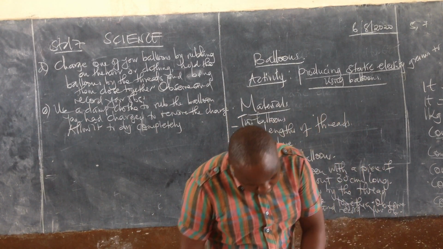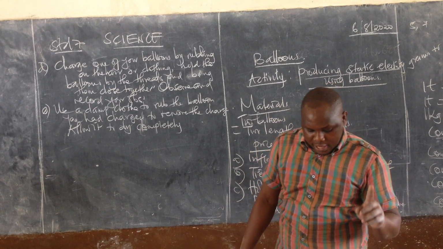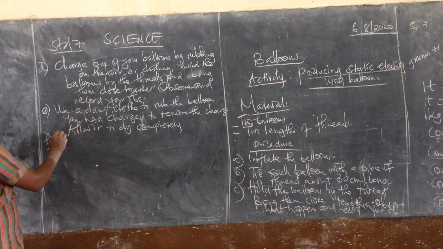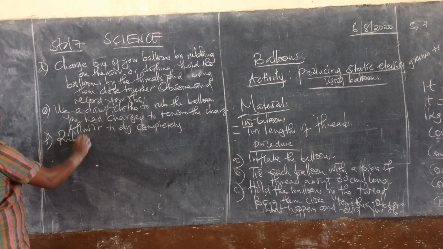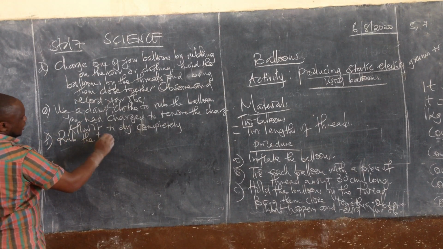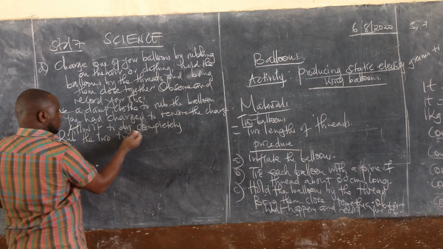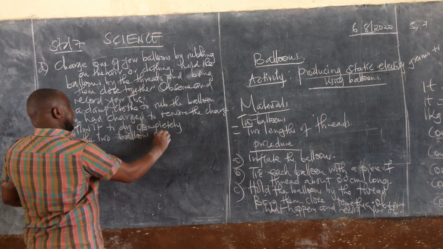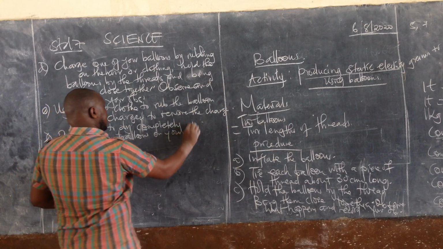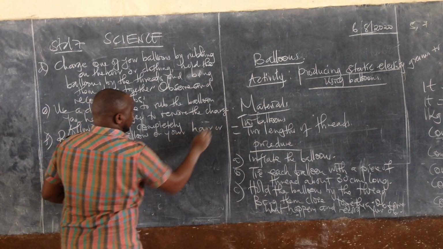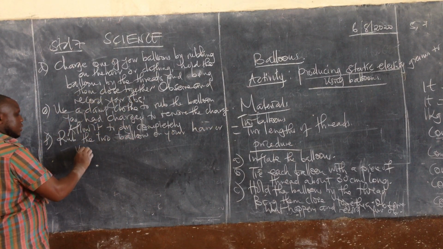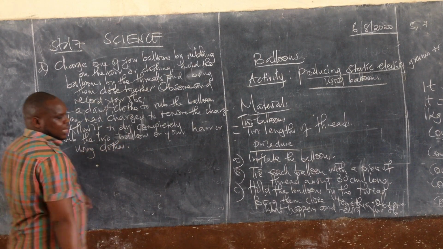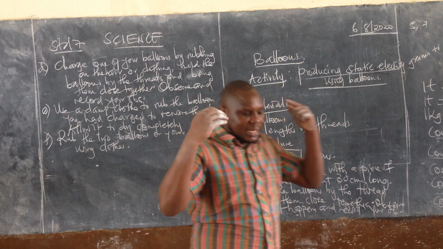Then number 6, learner. Rub the 2 balloons at the same time on your hair or using your clothing. We are rubbing them at the same time.